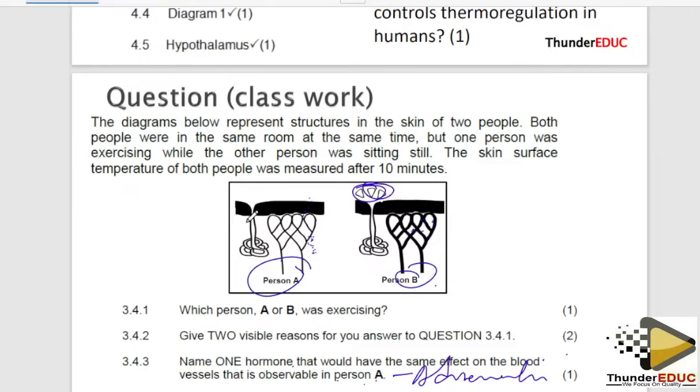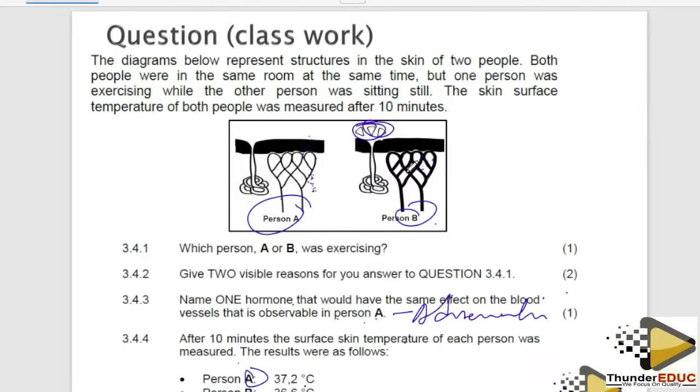They're saying the diagram below represents two people, one exercising and another sitting still. The skin surface temperature was measured after 10 minutes, meaning that this one was exercising while this one was not exercising, because of the heat we are seeing here.